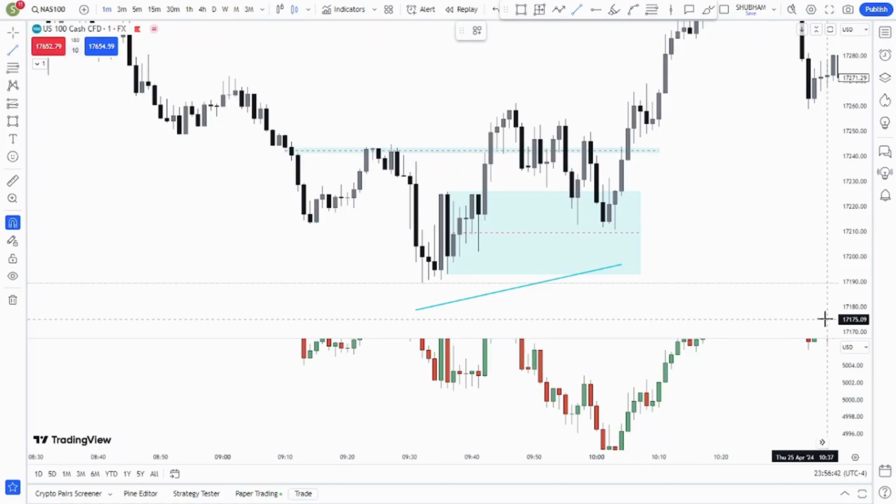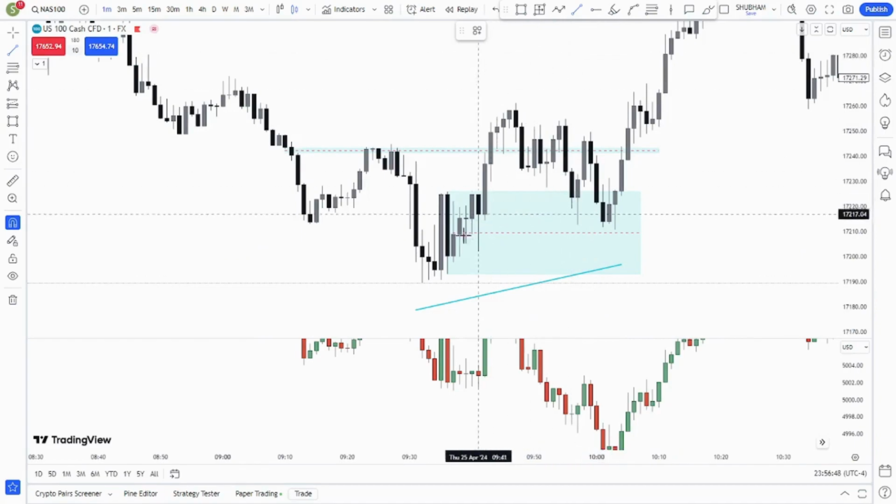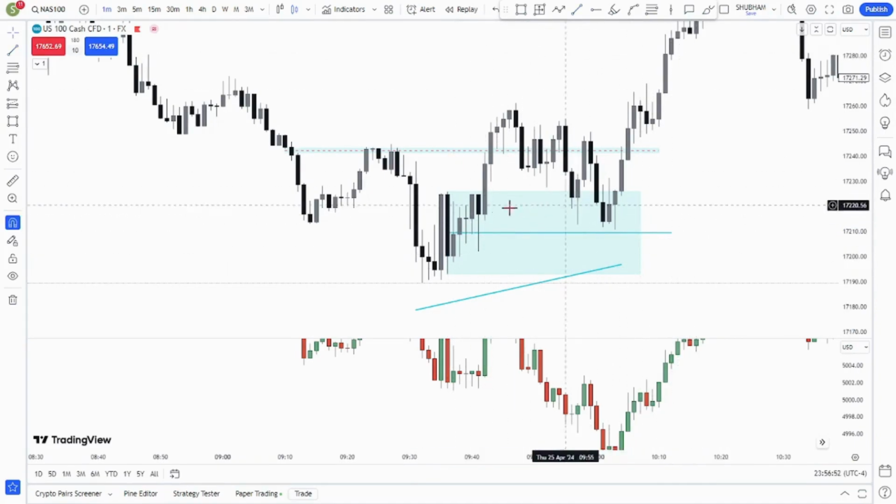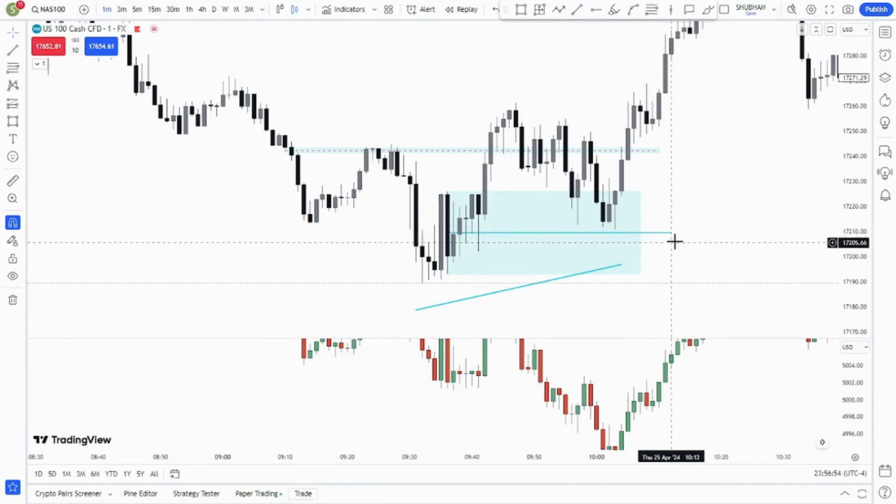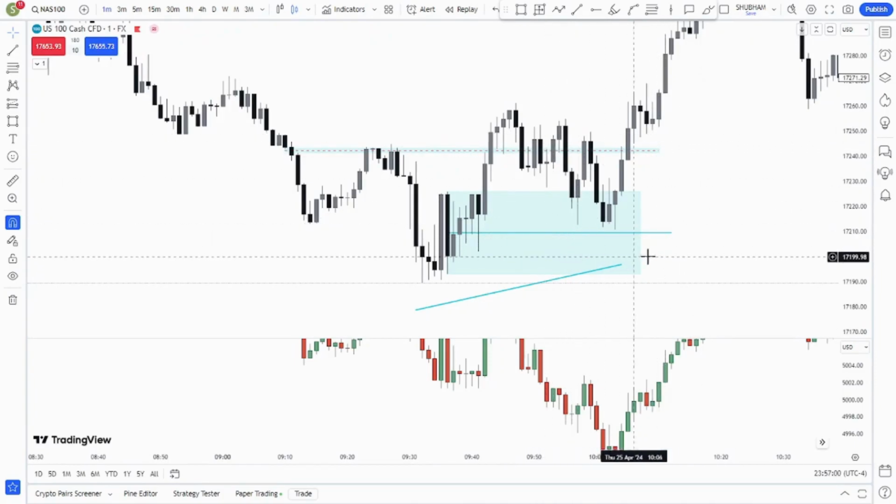Mean threshold means 50%. If the mitigation block is absolutely valid, then prices should never trade to this mean threshold, this 50% line of this mitigation block.